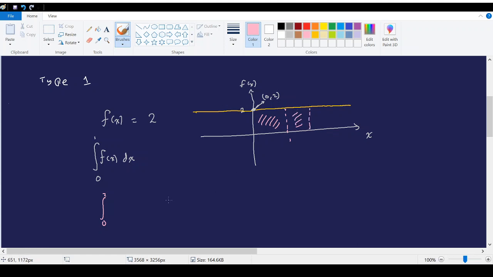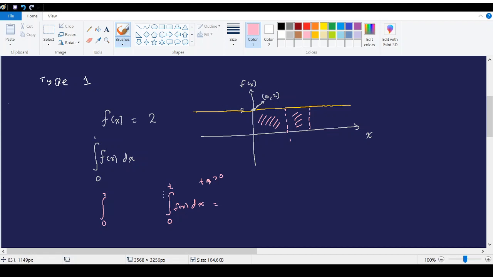Likewise, what if I write it as the integral from 0 to t of f(x), where t is a number? We'll consider t as a positive number.